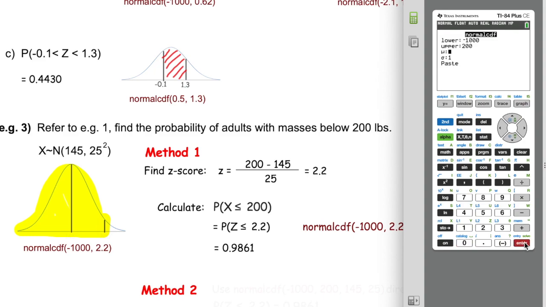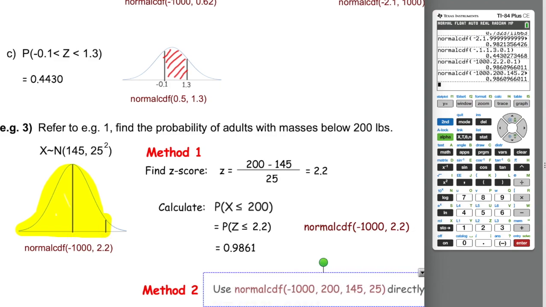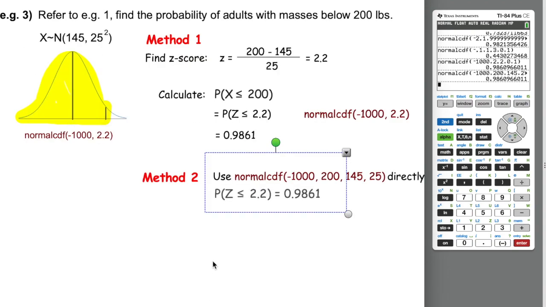I can enter the actual mean of the normal distribution that I'm talking about. I can enter not the standard, but the actual standard deviation, 25. Guess what? I will get the same answer. Okay, you can do that directly.